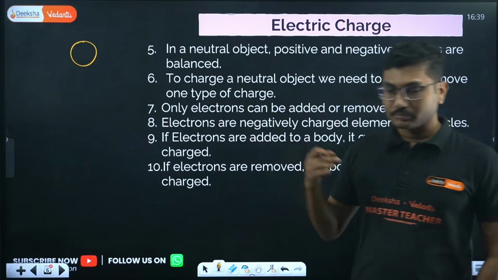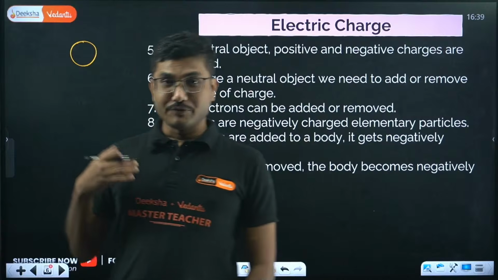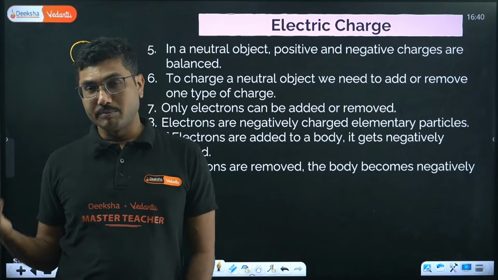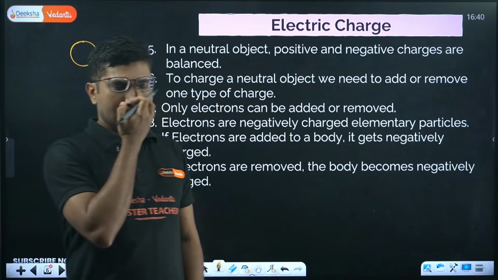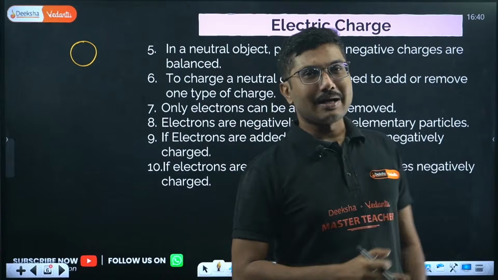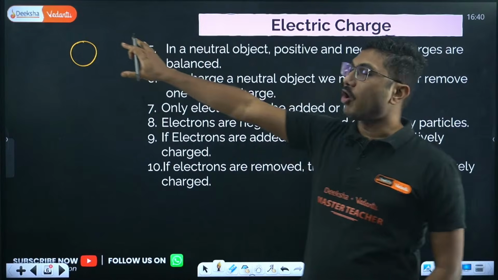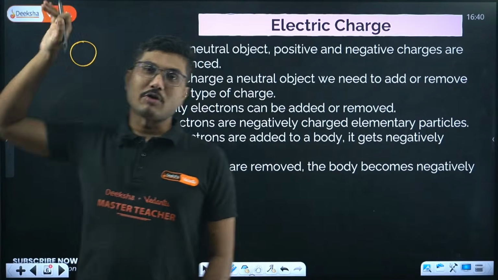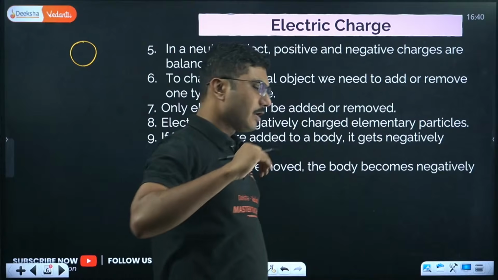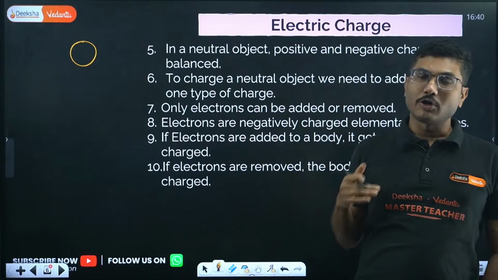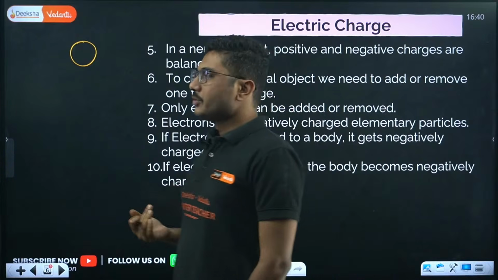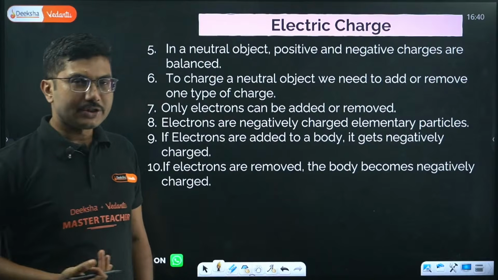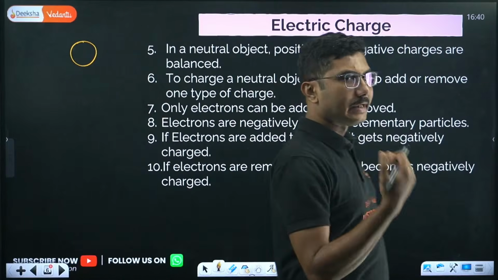Later on we discovered a few more particles, namely proton and neutron. These three particles are the elementary units of an atom. The atom consists of electron, proton and neutron. Protons are positively charged, electrons are negatively charged.